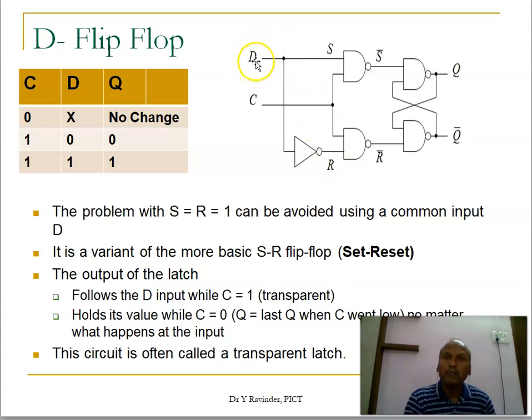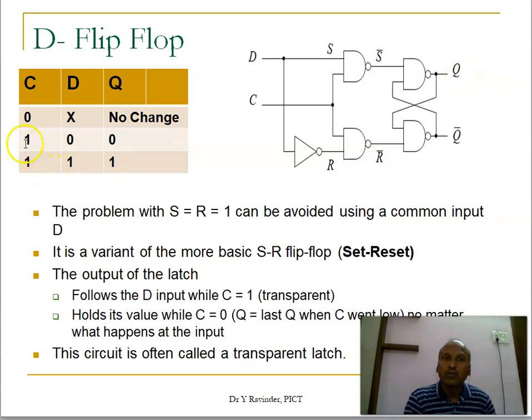So this input I am calling D. So if D is 0, this becomes 1. So it goes into a reset condition. If this is 1, this will be 1 and this is 0. So 1, 0 is a set condition. So in the set condition, output Q is equal to 1.